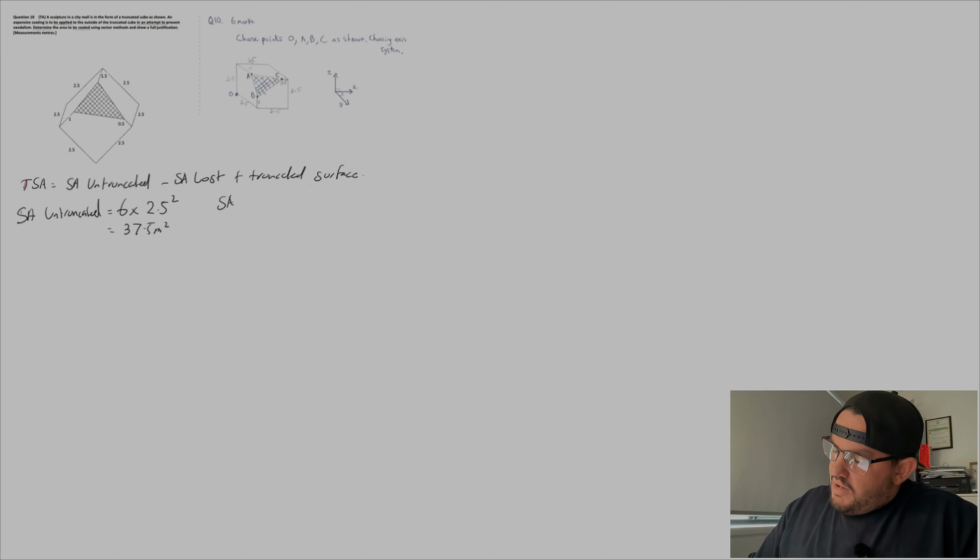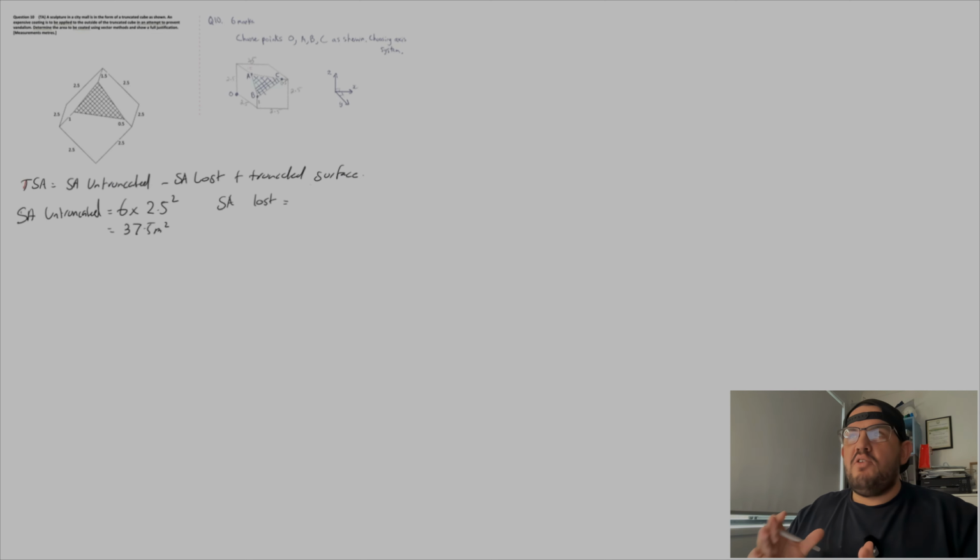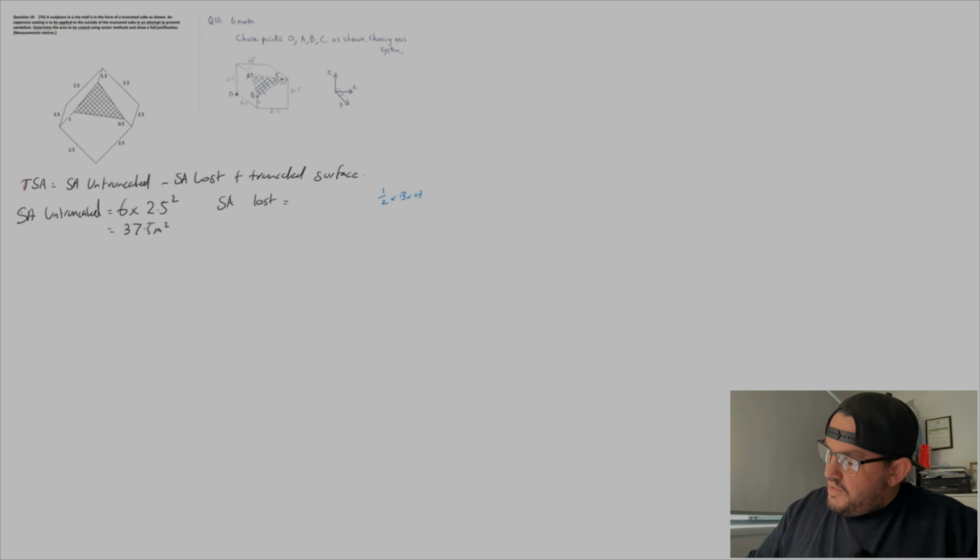Surface area lost. This is where it might get a little bit tricky, but when you're trying to figure out the area of a triangle, it's a half times base times height. I'm just going to put this to the side so you can see it. I'm going to look at this one just here. So the distance from the base to this point here is a meter, or 1.